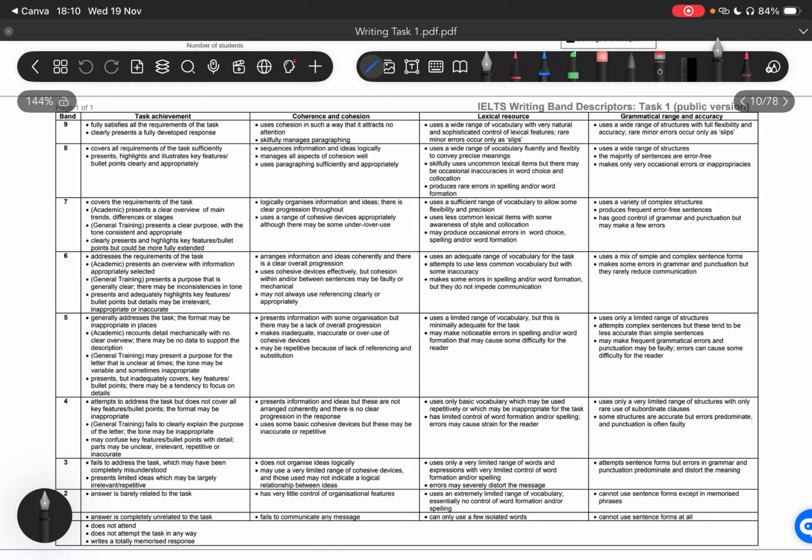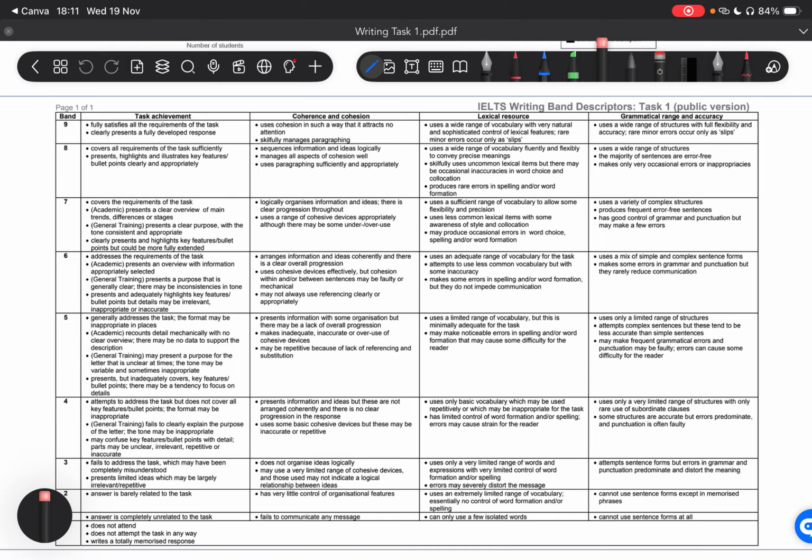And your report will be assessed based on these criteria. It is a public version of the assessment criteria for writing task 1. You can find it on the internet, and it's better to write your report and try to cover the points that are mentioned in the criteria.